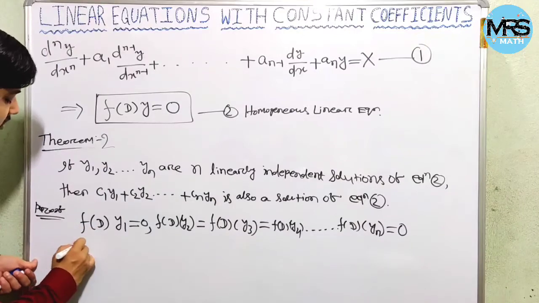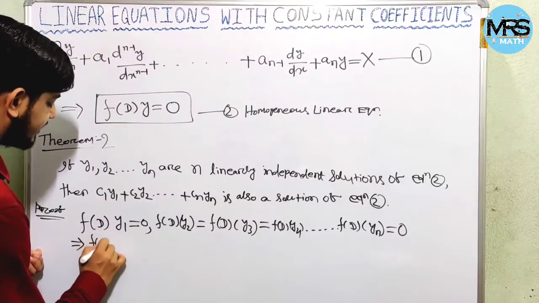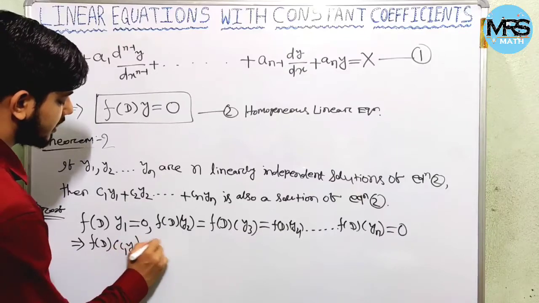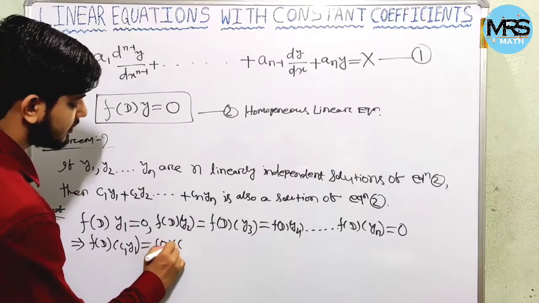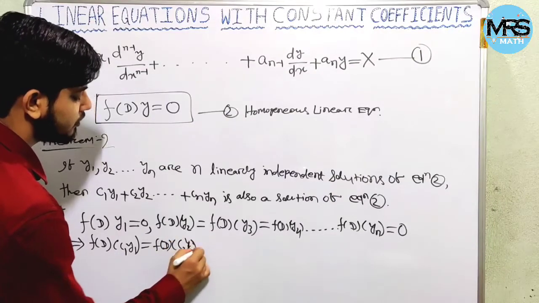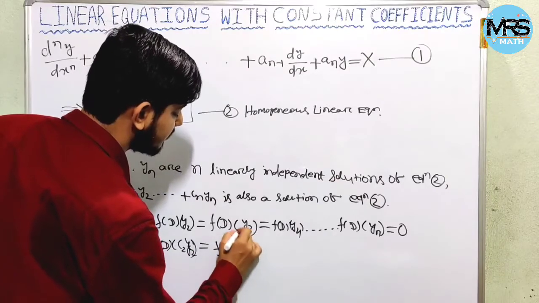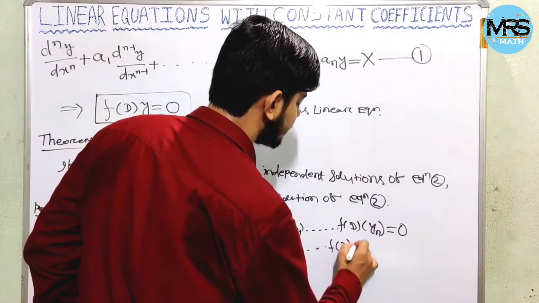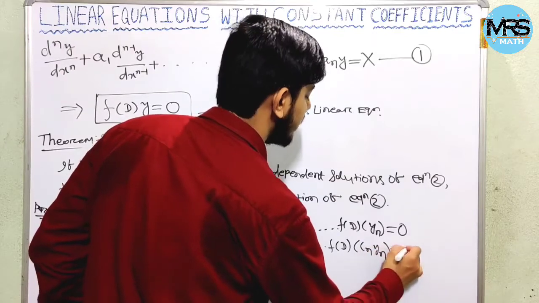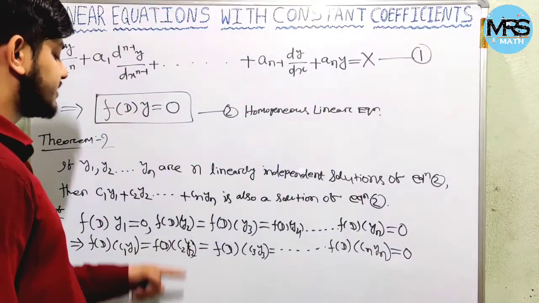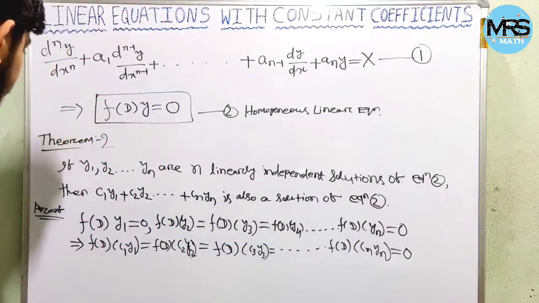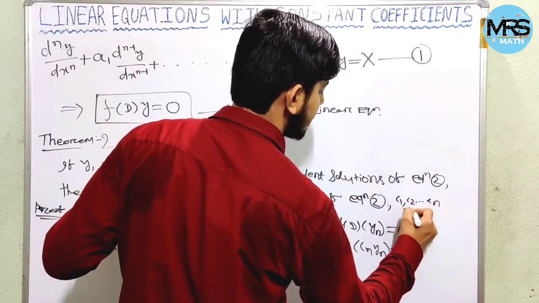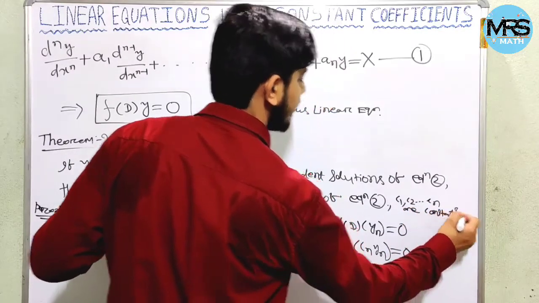Now from here again we can write f d of c1 y1 equal to f d of c2 y2 equal to f d of c3 y3, up to f d of cn yn equal to 0 we can write, where c1, c2 to cn are some arbitrary constants.